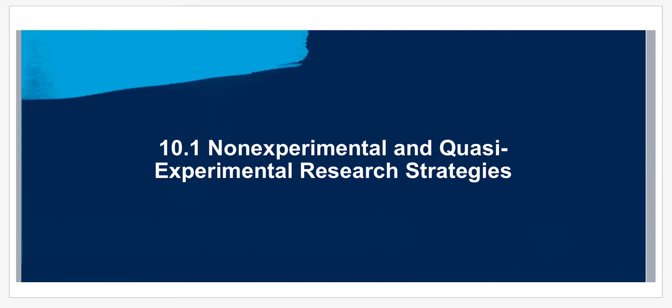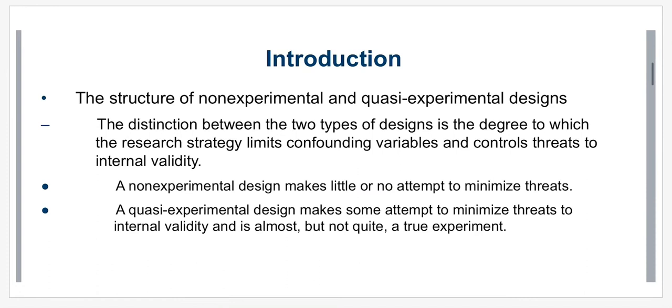So in this section, we're going to go over learning objective number 1, which is defining, comparing, and contrasting the experimental, the non-experimental, and the quasi-experimental strategies so that you can understand why they are different. And so let me go to this next slide.